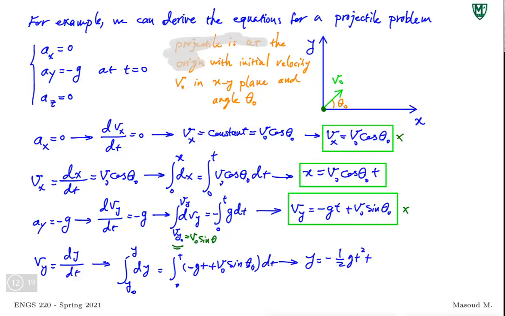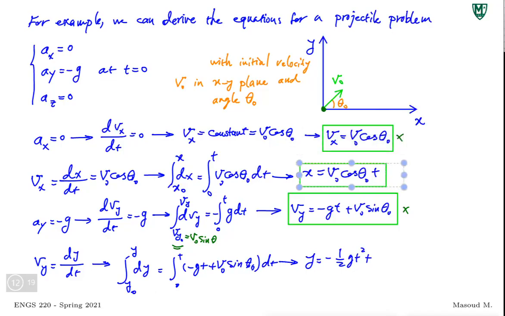Let's say we don't know if the projectile is exactly at the origin with the initial velocity. So I can change this to x naught. So we just get the more general equations. We don't know if it's exactly at the origin, so that would be x naught.